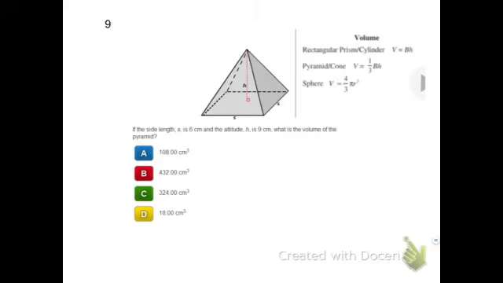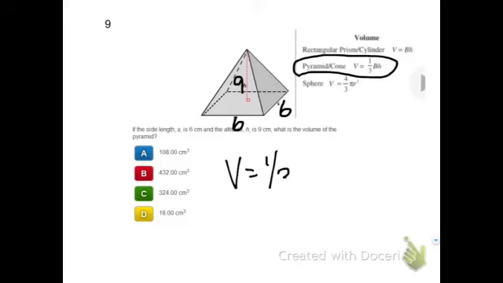Number 9, if the side length S is equal to 6, it helps me if I put 6 on the picture, and the height is 9 centimeters, what is the volume of the pyramid? Well, it's going to help if you go to the formula sheet, which I've just taken part of here. Our formula says the volume equals 1/3 times capital B. Now remember, that's the area of the base, and the area of the base would be length times width in this parallelogram.